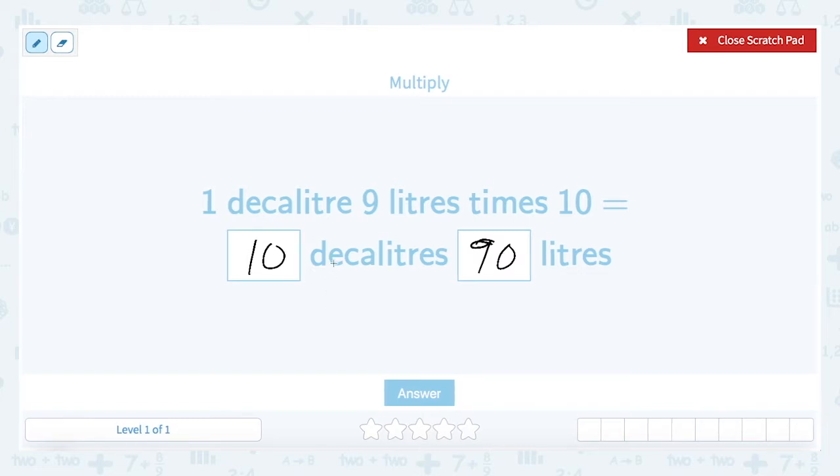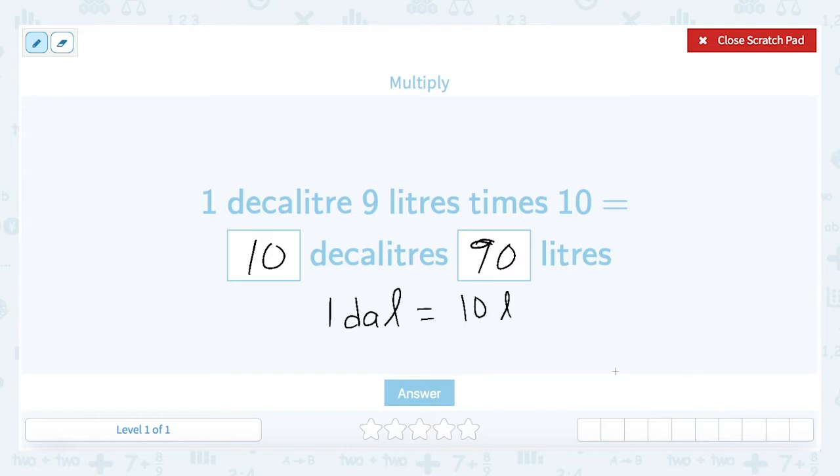A decaliter is the equivalent of 10 liters. So 1 daL, dA is the prefix for deca and then L for liter. So 1 decaliter is equal to 10 liters.